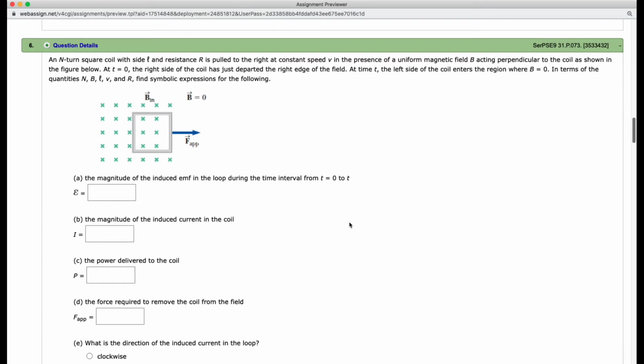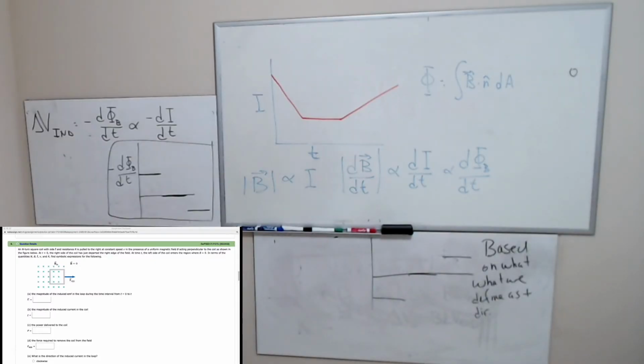You can also use ILB. Okay, so that's strange. So tell me what you got for the expression for power.